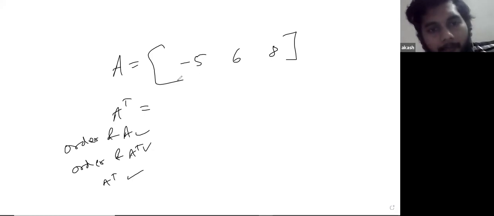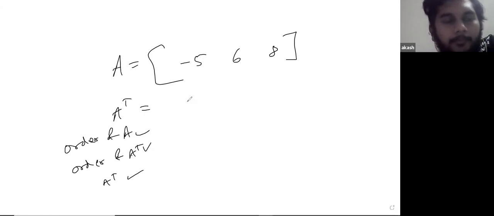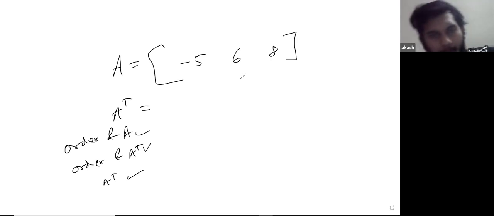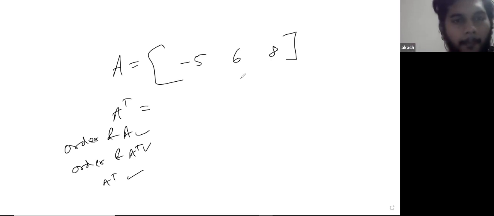Yeah, it is a vertical matrix, and these numbers will be in the column.